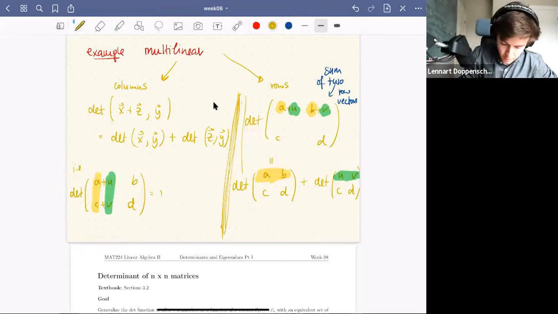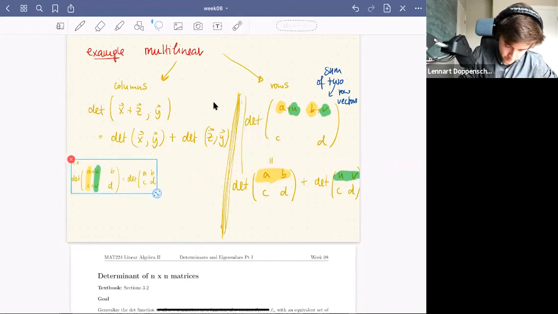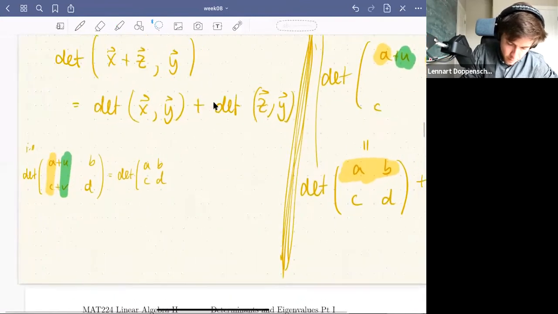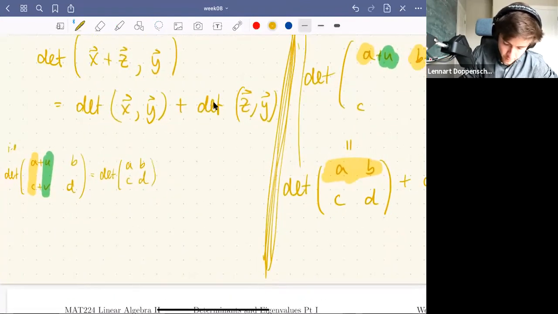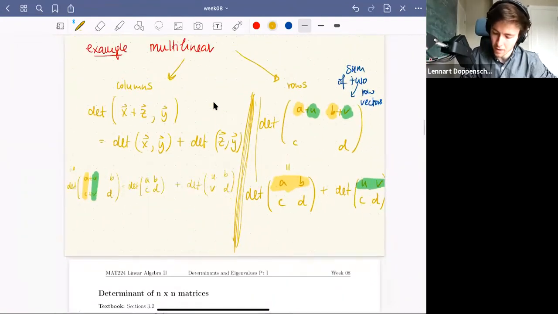And then we can write this as the determinant of A, B, C, D, and now I have to do some shrinking magic, plus the determinant of U V B D. So the right column never changes. And in this example, the lower row never changes.